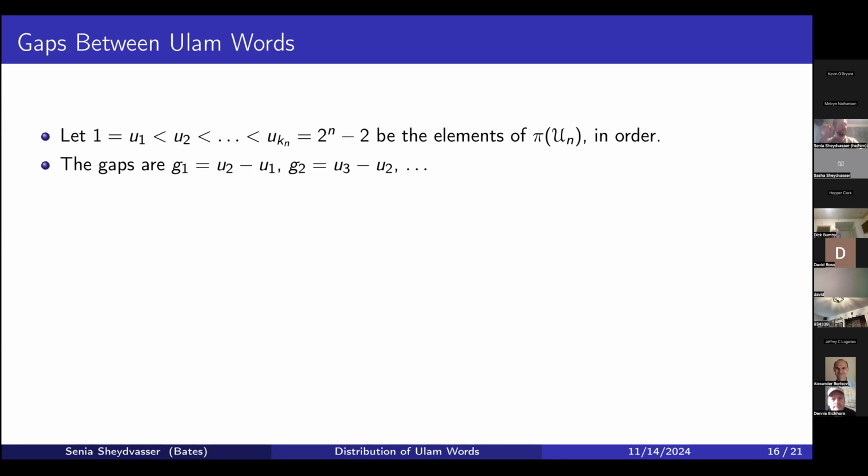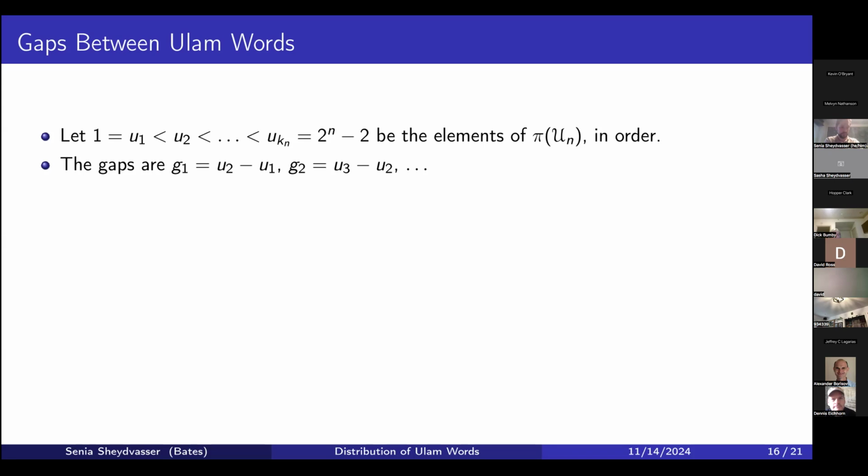We considered gaps between Ulam words. In some ways this is like a moment of the previous distribution. Write down the integers corresponding to your Ulam words of length n in order.